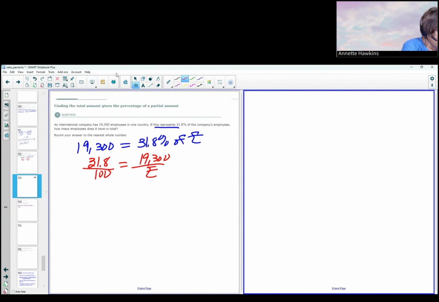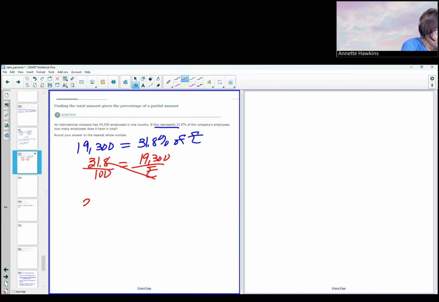All right, so we cross multiply. 31.8 E equals 19.3, add 2 zeros, okay?